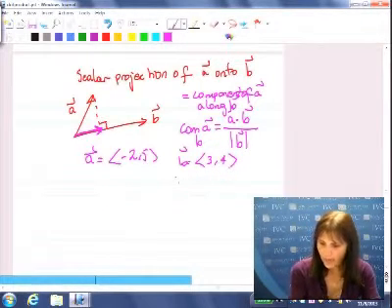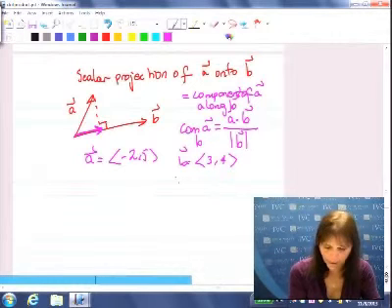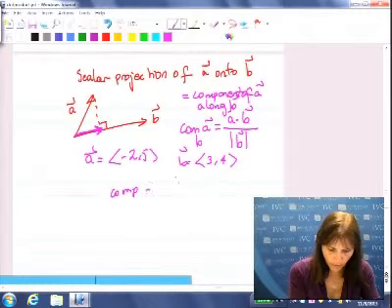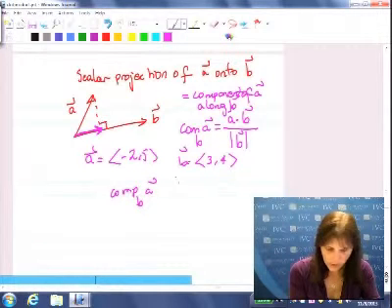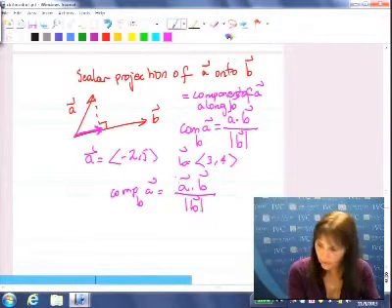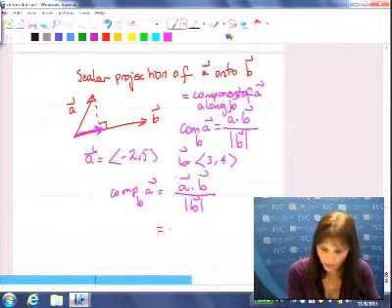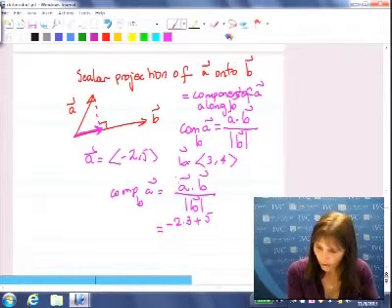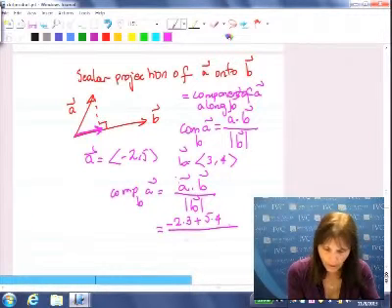The component of A along B is going to be equal to the dot product divided by the magnitude of B. Let's write the dot product: negative 2 times 3 plus 5 times 4.